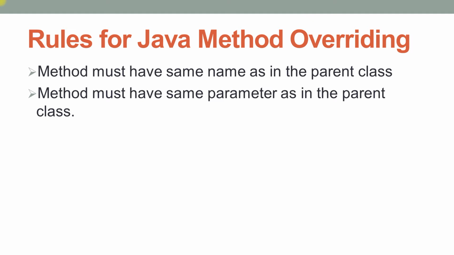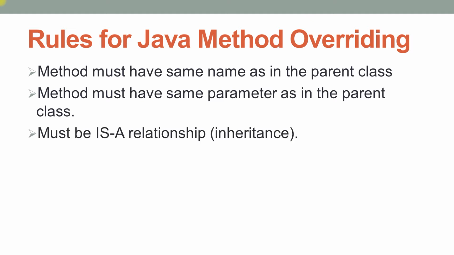There will be a function in the parent class. We are redefining that function in the child class. So inheritance is a must. It must be an IS-A relationship. You know what an IS-A relationship is. It is nothing but, suppose A is the parent class and B is the child class.